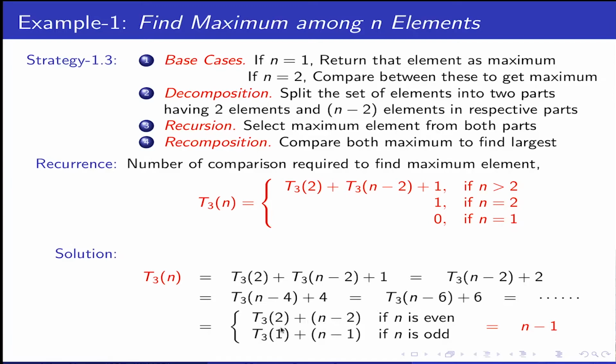If n is odd, then from T(3), I can go to 1 and then stop. So in both cases, whether it is even or odd, you will see that there is no change in the number of comparisons. Whether we use equal sized parts or 1 and n minus 1 size parts, we are now more or less convinced, by a different type of divide and conquer, that maybe this is the best we can get.